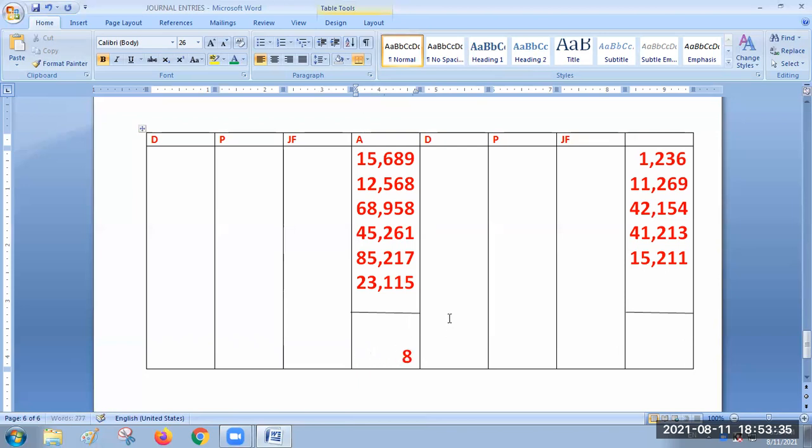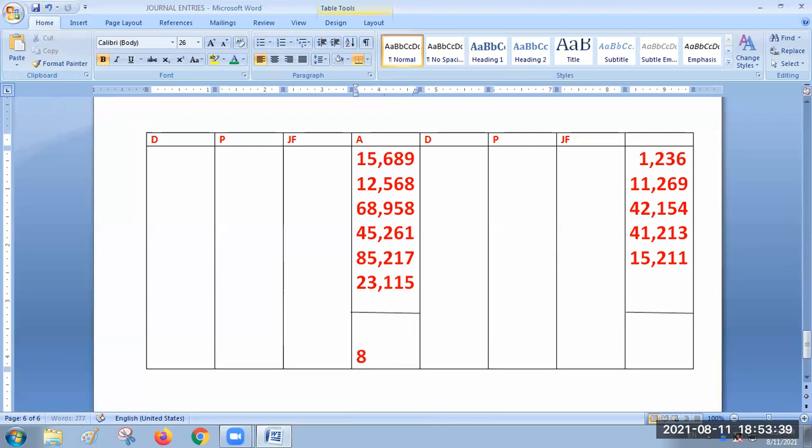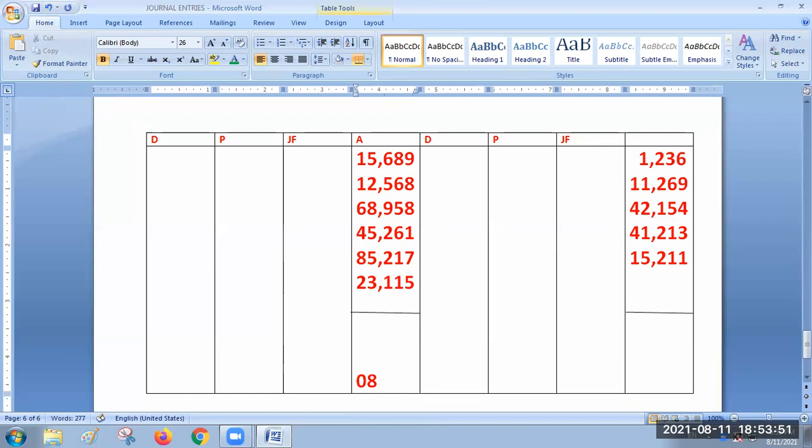So 3 is at the top. 3 plus 8 is 11, 11 plus 6 is 17, 17 plus 5 is 22, 22 plus 6 is 28, 28 plus 2 is 30. Am I correct? So 3 again to the top. 3 plus 6 is 9, 9 plus 5 is 14, 14 plus 9 is 23, 23 plus 5 is 28.